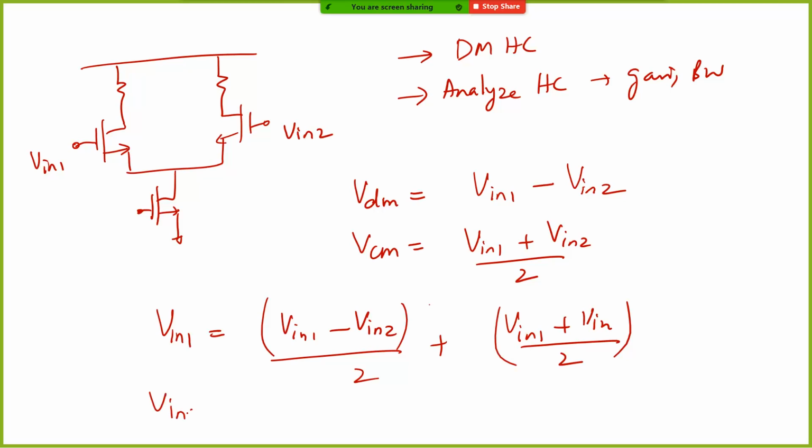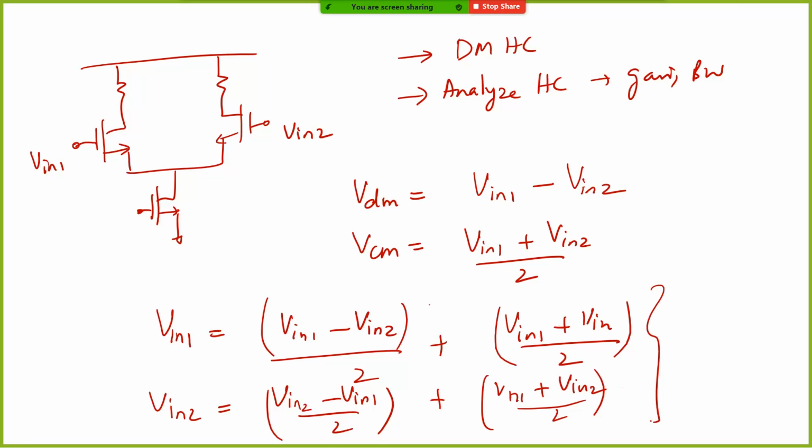And the same way V in 2 can be understood to have V in 2 minus V in 1 by 2 plus V in 1 plus V in 2 by 2. So for arbitrary signals, this is how you understand it to be. So the output can be written as the differential mode gain into the differential signal and the common mode gain into common mode signal.